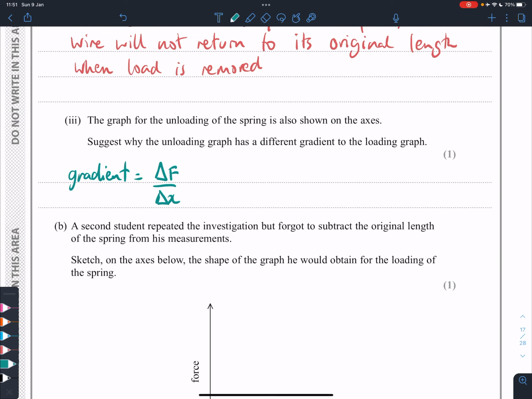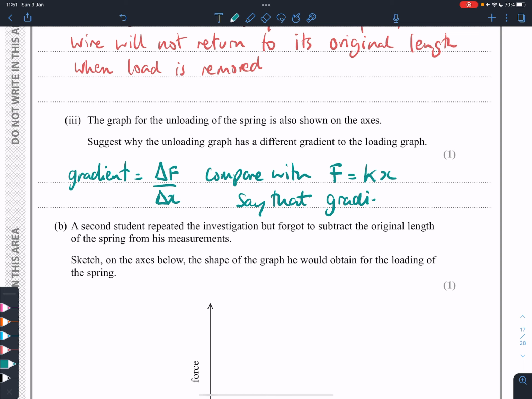We compare with F equals kx. We can say this gradient equals k, which is the spring constant.